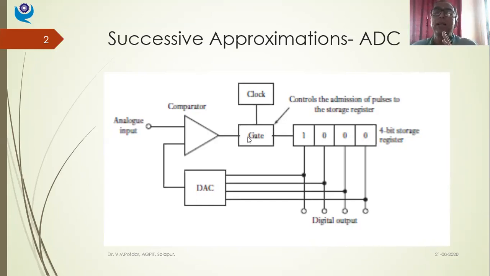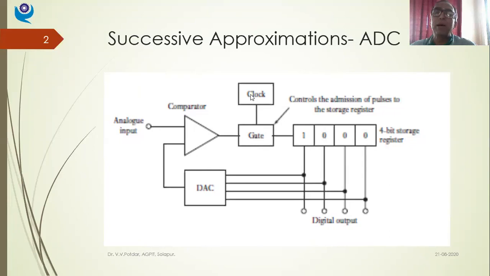As an example, I know that the analog signal corresponds to 8 volt DC. So I'll select the clock frequency in such a way that the digital signal that I'll be generating will be of lesser value, maybe 7.5 volts, and that in digital form I'm generating through my clock.